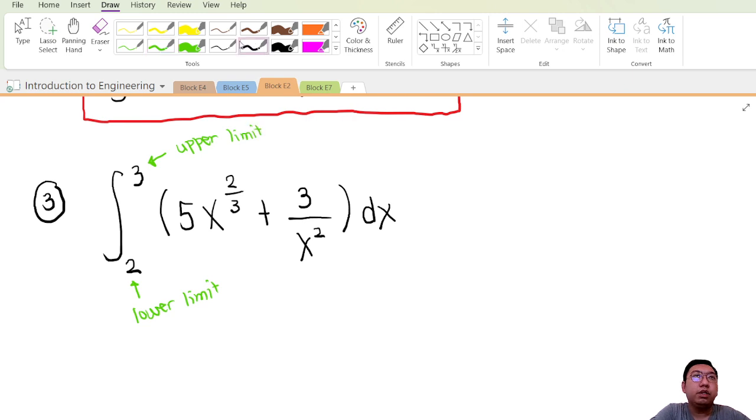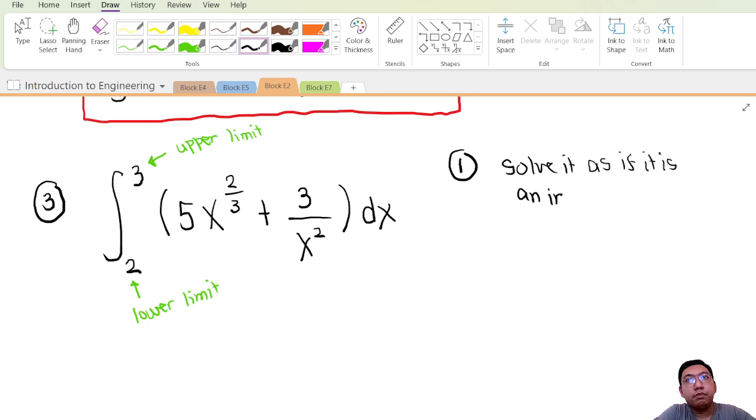So how to solve this one is, first, solve it as if it is an indefinite integral.